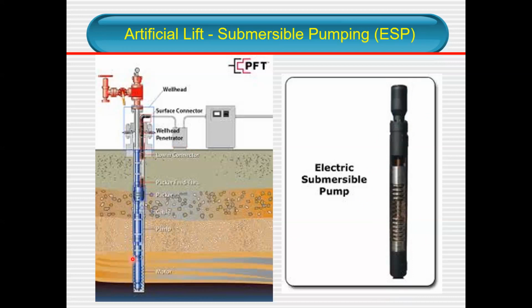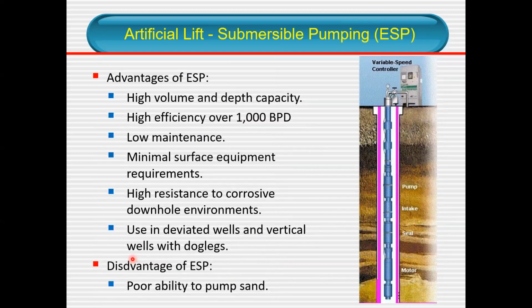Because of the difficulties, this pump can easily cost 20,000-30,000 US dollars or even more for a deeper well. Advantages of the electrical submersible pump: high volume and depth capacity, high efficiency over 1,000 barrels, because we can easily produce using this by electrical means.